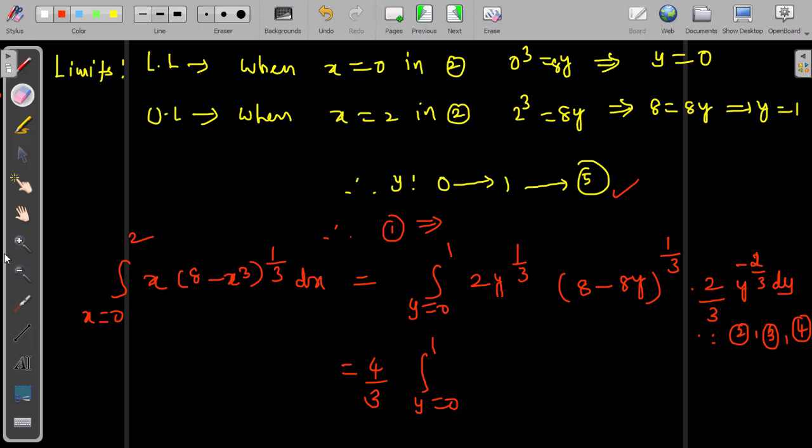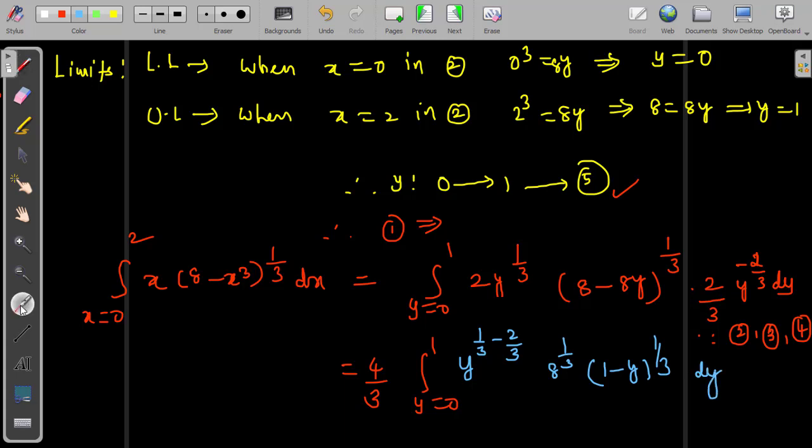Now if you look here, bases are the same, we can add powers, which means I'll be writing y power 1 by 3 minus 2 by 3 times, from this bracket I will take 8 common. 8 power 1 by 3 common. So the leftover part is 1 minus y power 1 by 3, again only dy.